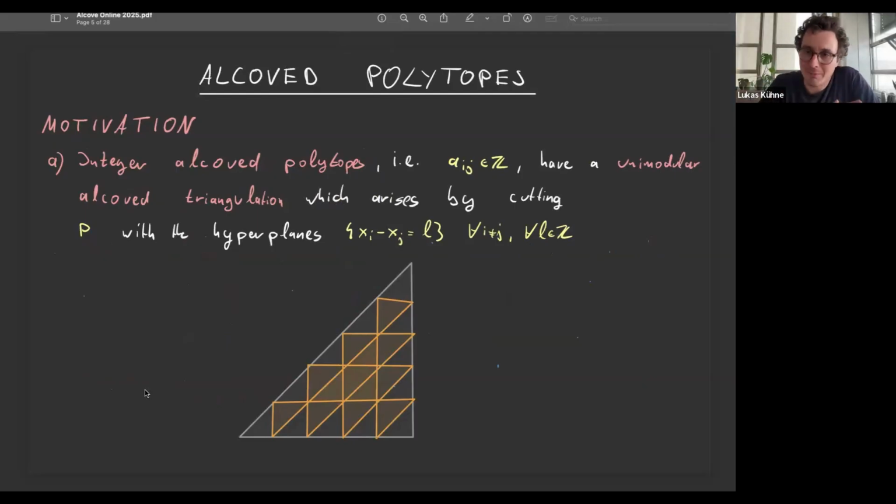So we look at all hyperplanes x_i minus x_j equal to L, for L some numbers, we cut this polytope, and then this cuts it up into these alcoved simplices we discussed before. So a schematic picture: if you have this triangle, then we could just cut it with all these translates of the sides, and then we cut it up into all of these little simplices from this picture. And so for this class of polytopes, there's a natural triangulation we can consider.